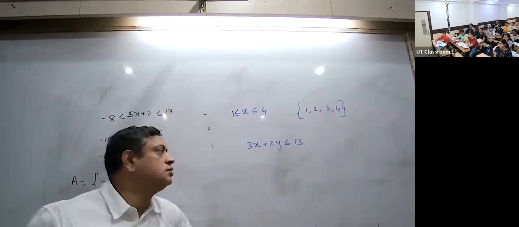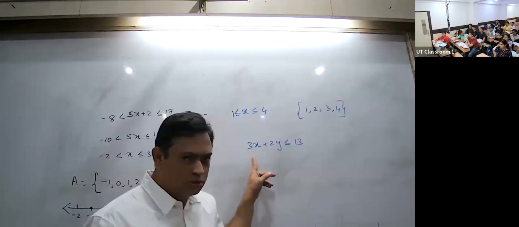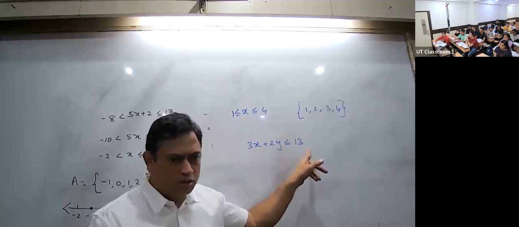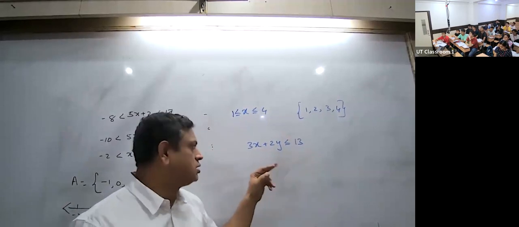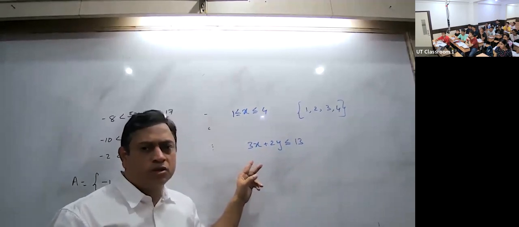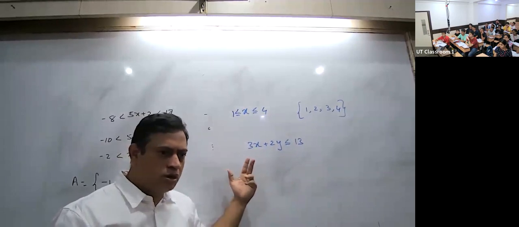Next, with the values of x, if you put x equal to 1, what will you get over here? 3 + 2y ≤ 13, and therefore 2y ≤ 10, y ≤ 5.